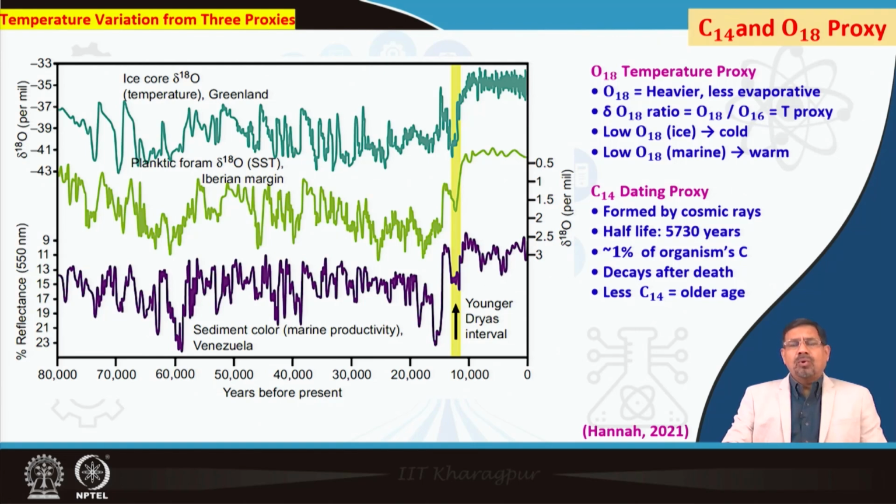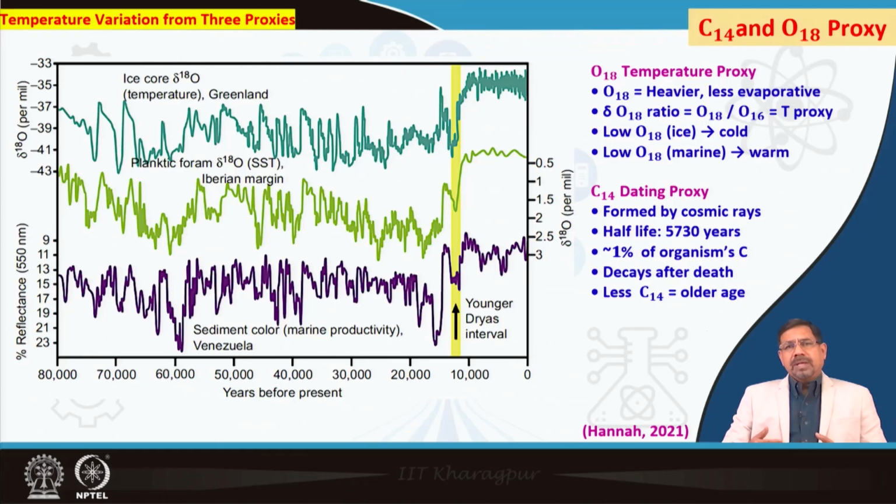So, what is this O18 temperature proxy? As has been mentioned on the right hand side, O18 is relatively heavier than O16. So, it evaporates comparatively at a lesser rate, and in turn takes more time. So, this ratio of O18 upon O16 is used by geologists to understand the temperature proxy.